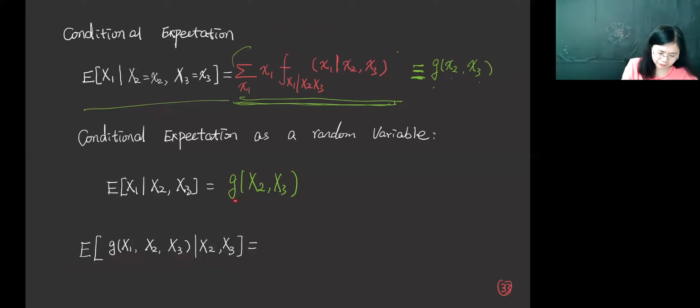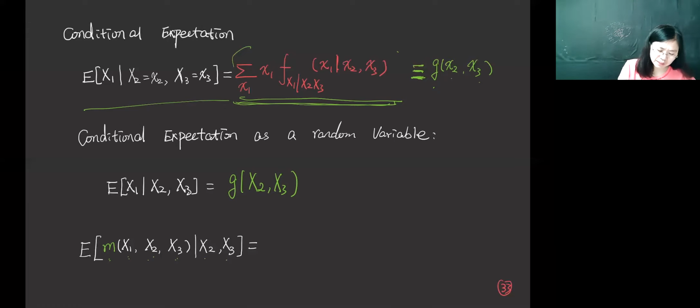And I was using g for a different notation. Let's maybe call this an m function. What's the expectation of m of X1, X2, X3? m is a function of these 3 arguments, conditional on X2 and X3. How do we find this conditional expectation?